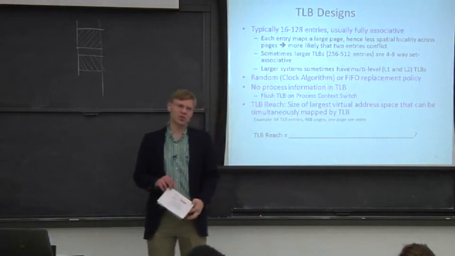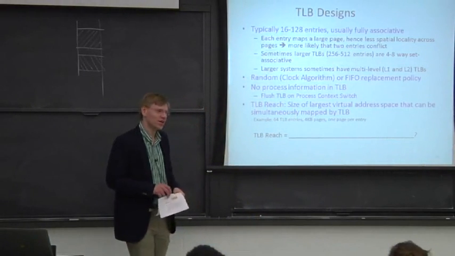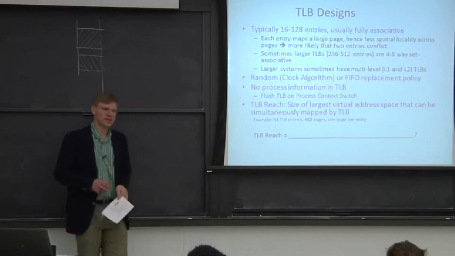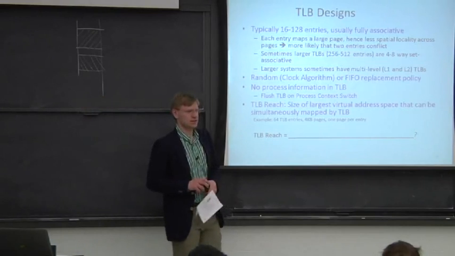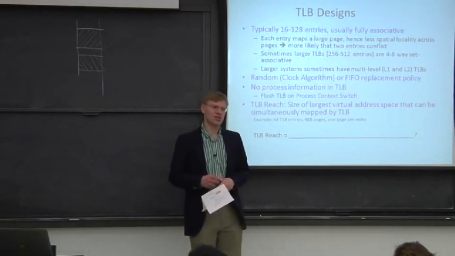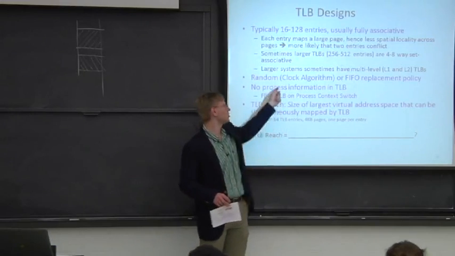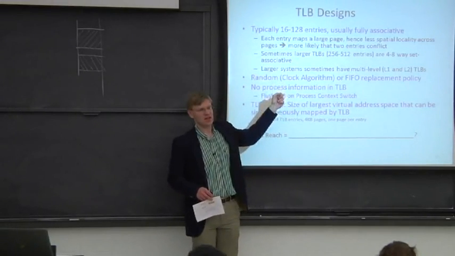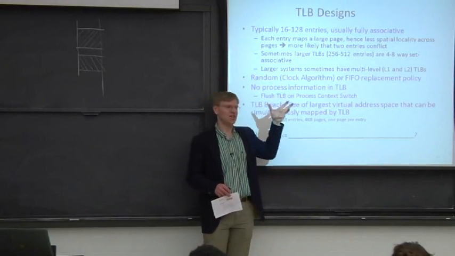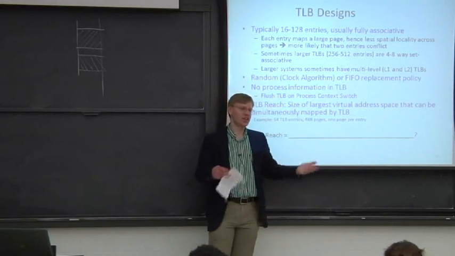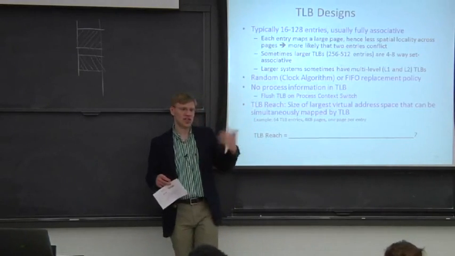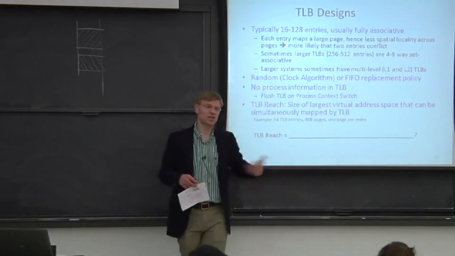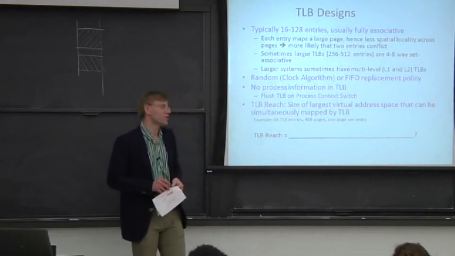So a lot of times what people will use is what's called a clock algorithm, where you have a free-running counter which says where to go access in your TLB to evict. And every cycle, you change this counter, or maybe increment it by 1. There's a little hardware counter there that does this.